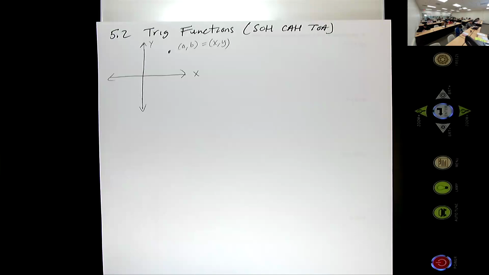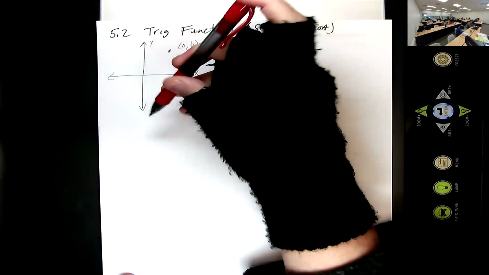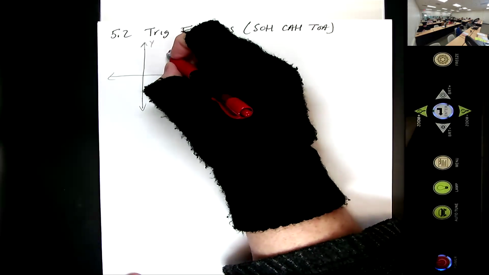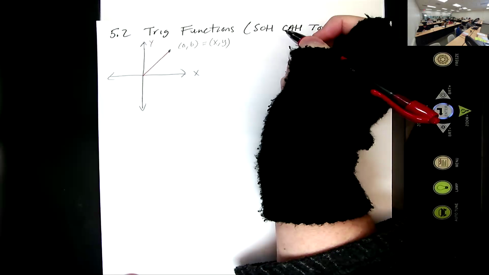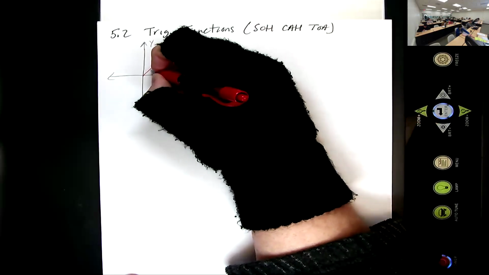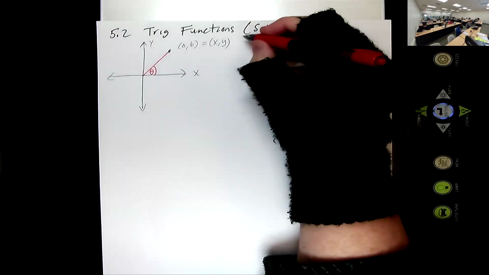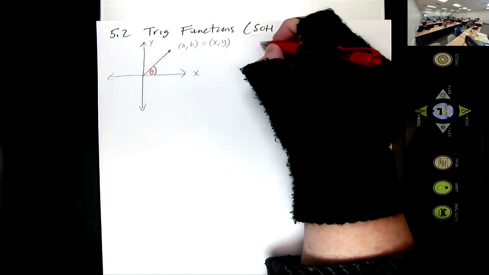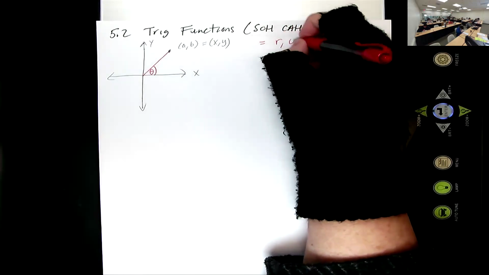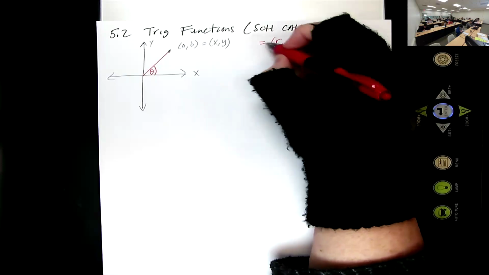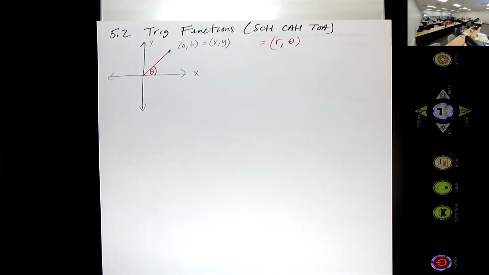Another way of describing this is talking about how far away that thing is from the center and the angle that comprises it. So another way of looking at this, we'll see this more later, is r theta. This is not in 5.2, but it's to introduce the idea of where this stuff comes up.